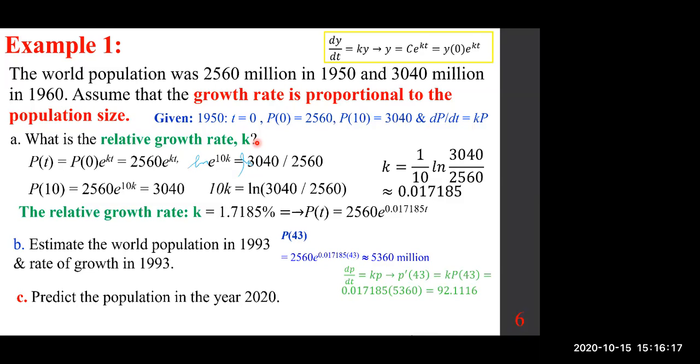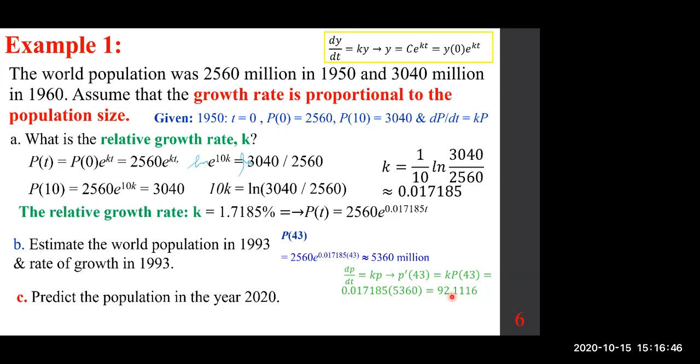So dP/dt is K times P. So P prime of 43 or K times P of 43. This number that you found here, you put it here, and then you multiply by 5360, so 92.1116.